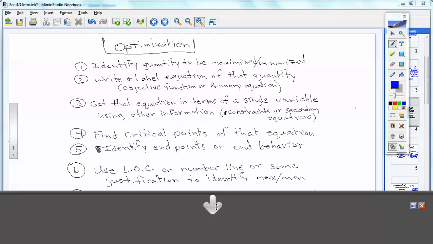But we just went through an example showing that if you only have one candidate, then a list of candidates doesn't work, because a list of candidates is to compare them to see which one's the biggest and which one's the smallest. If you only have one candidate, there's nothing to compare. So then you do a local argument like a number line or some justification, right?